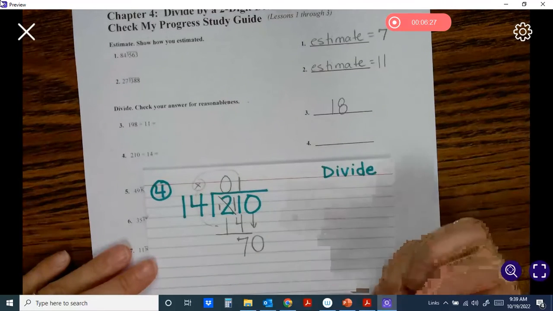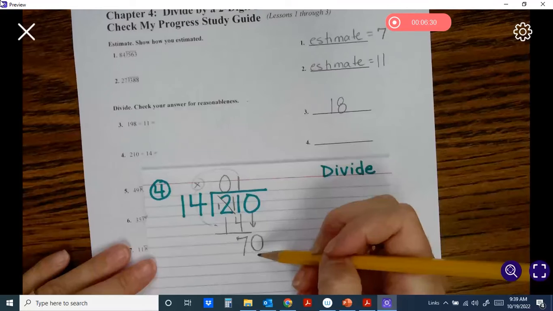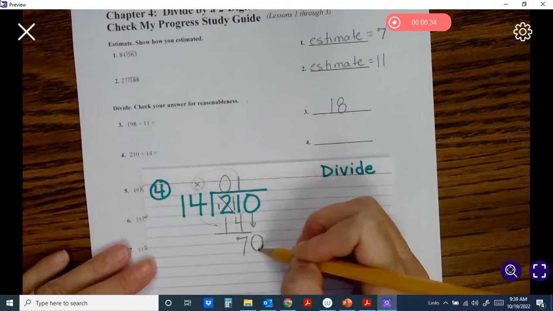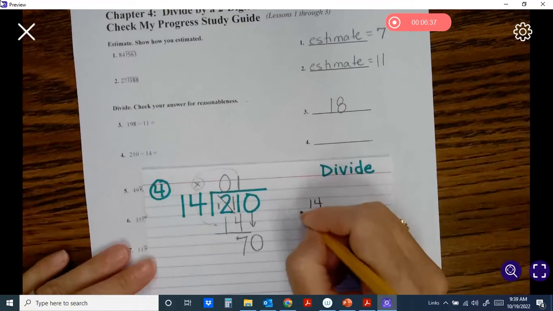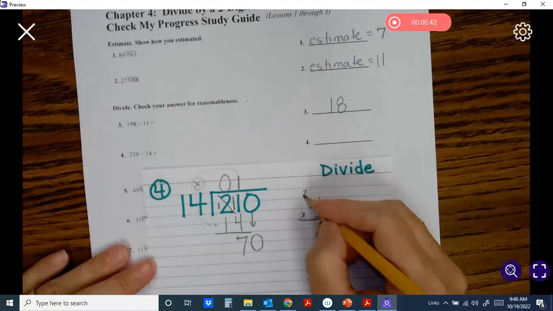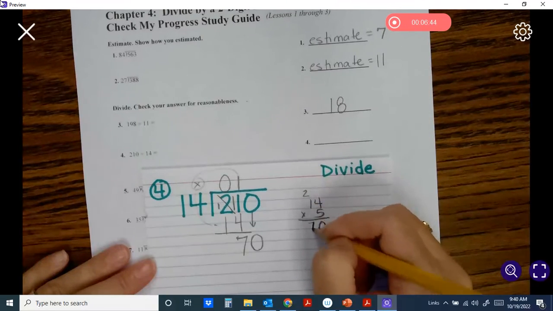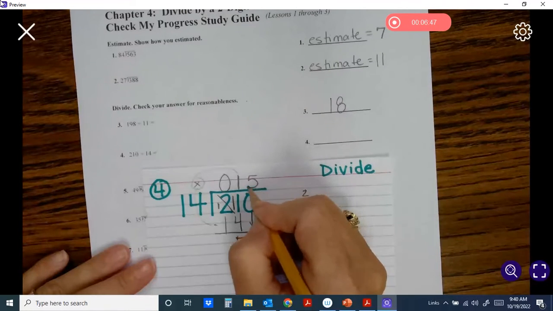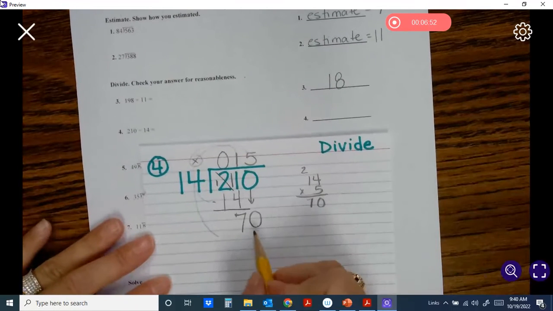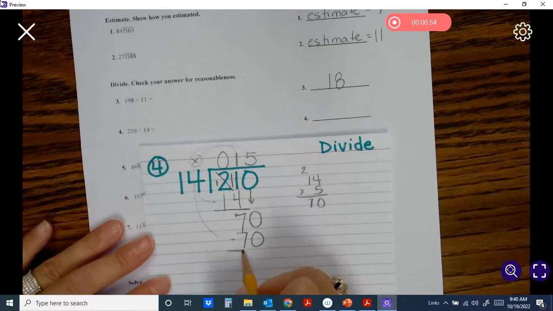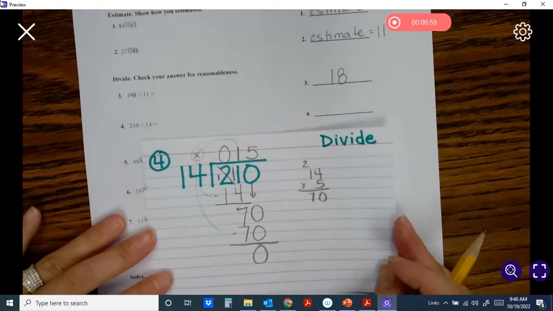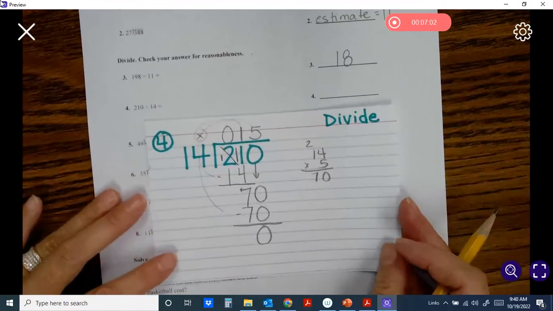Okay. Now, 14 can go into 70. Let's try 5 times. 14 times 5. 5 times 14 equals 70. And that's 0. Okay, so we have 15 as our answer.